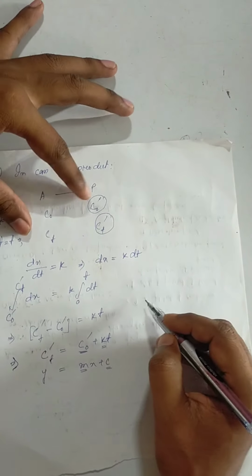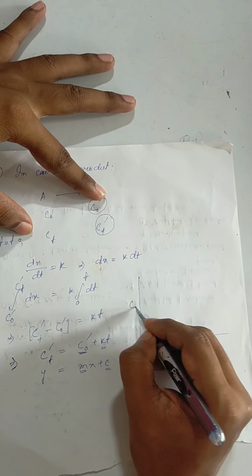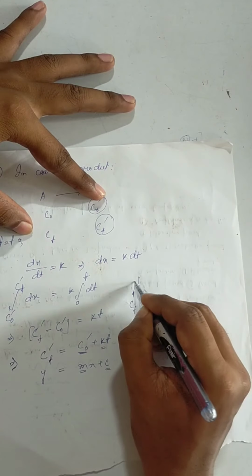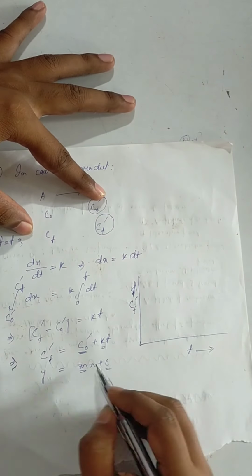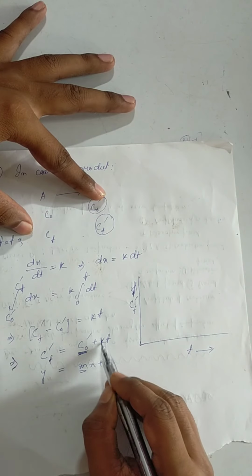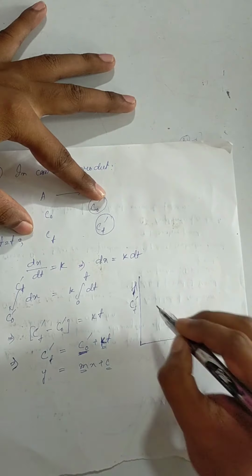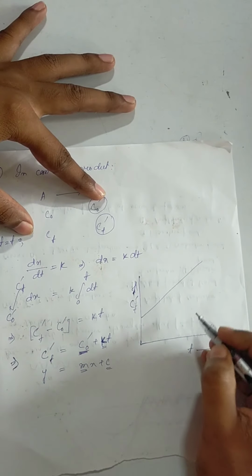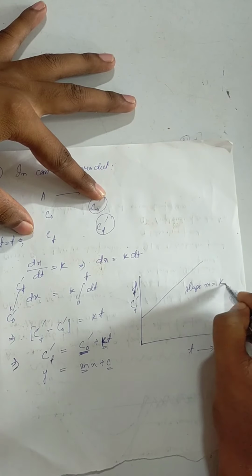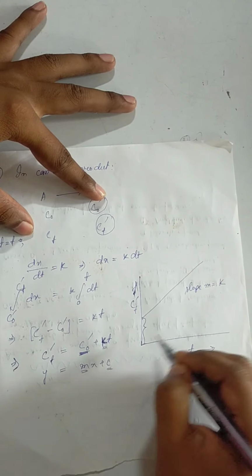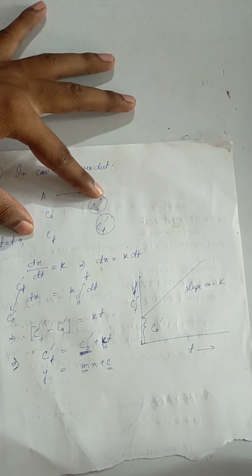So the graph will be like this: Ct is here and t is here. So k is positive, so the graph will be like this. Slope m is equal to k, and this intercept is C naught dash. So the graph will be like this.